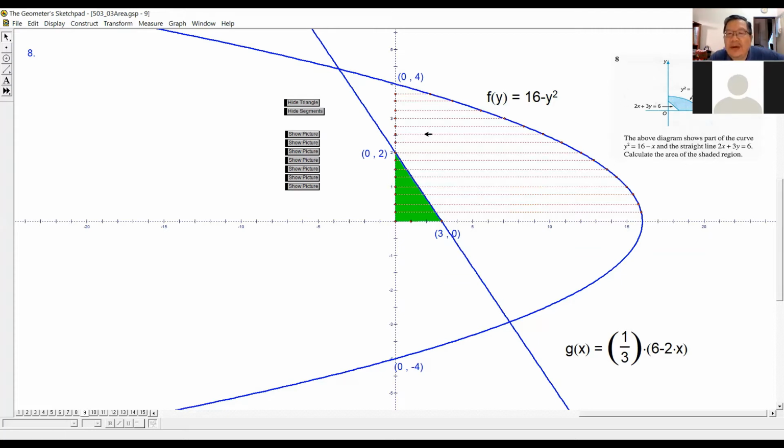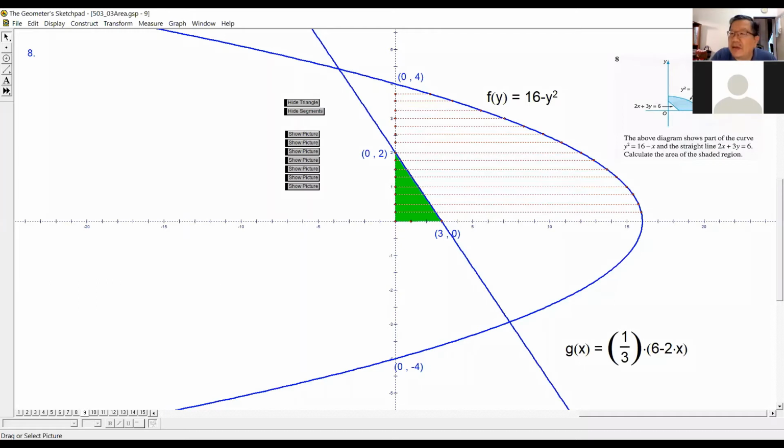Now, if you integrate with respect to x, that means you have to change this into y equals to something. So you have to take the square root, so it will be square root of 16 minus x. It's quite difficult to integrate the square root, right?